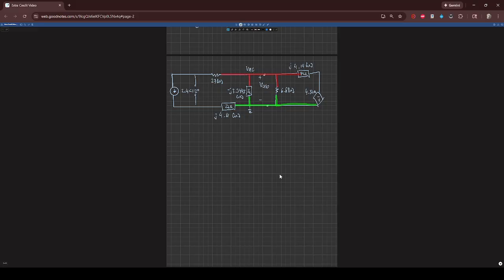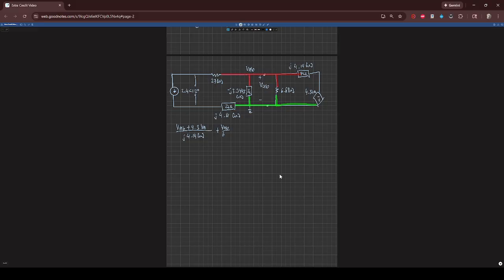Oh, one thing for superposition: when you turn off the sources, a current source becomes an open circuit, and a voltage source becomes a short circuit. So let's see, VAB plus, since notice how the negative is up for the passive sign convention, that means it should be positive for our nodal voltage, and then that capacitor is our resistance below. And the next one is VAB over 6.8 ohms.